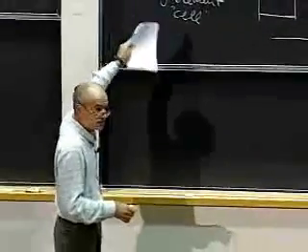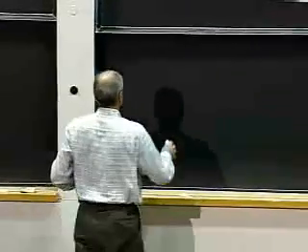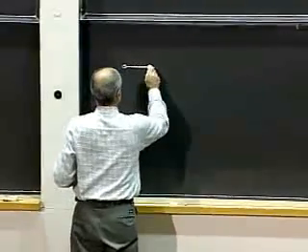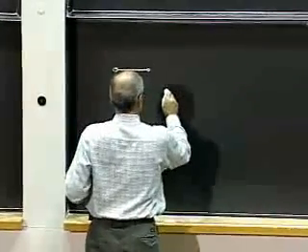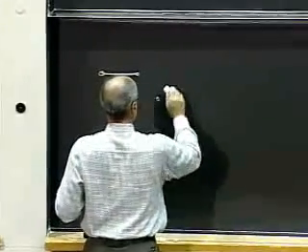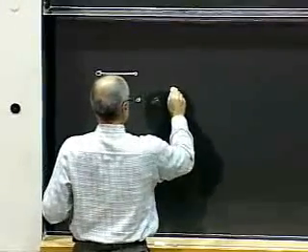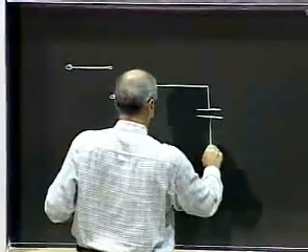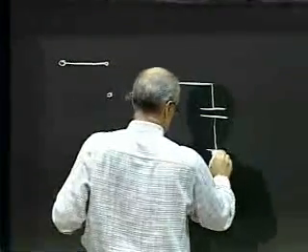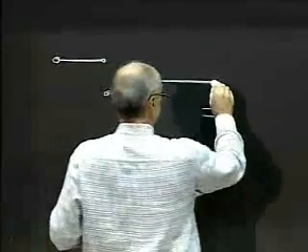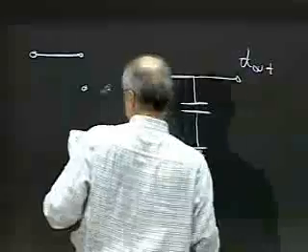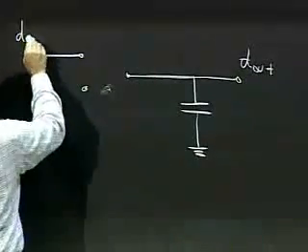So let's implement this in a circuit. Suppose I have a switch here, like this. And I'll put a capacitor and take my D out here. Okay? So this is D in.